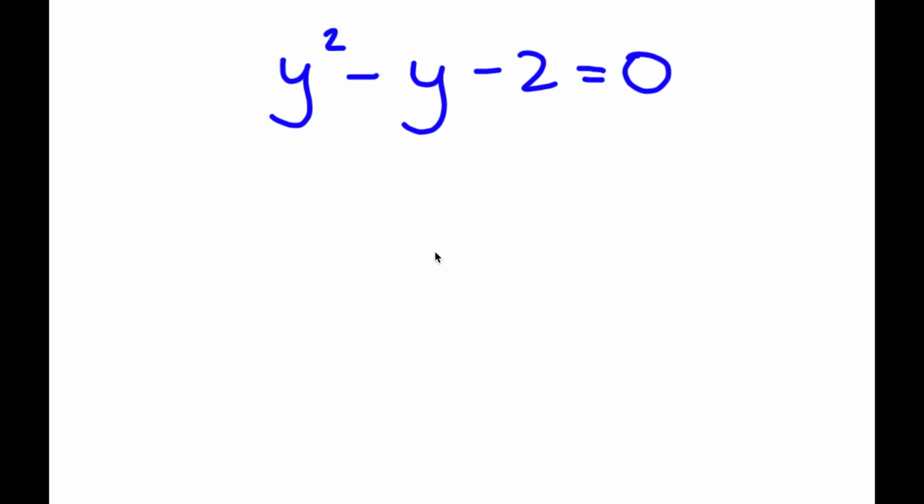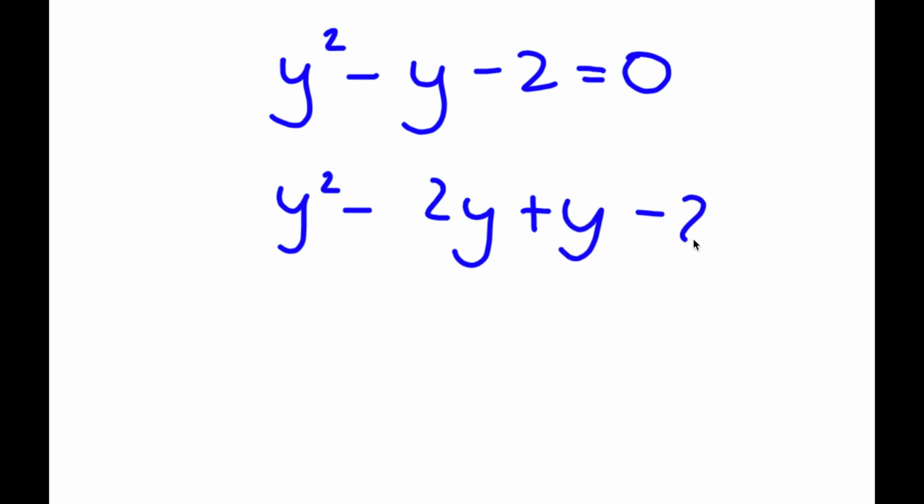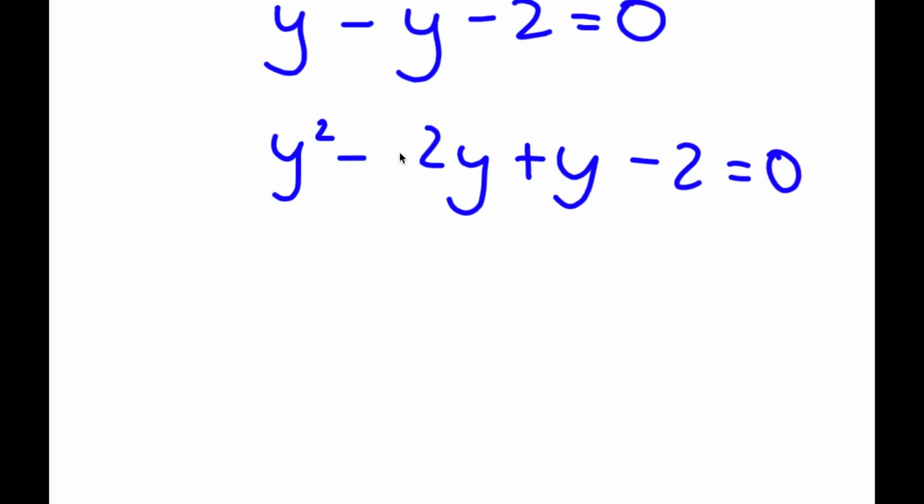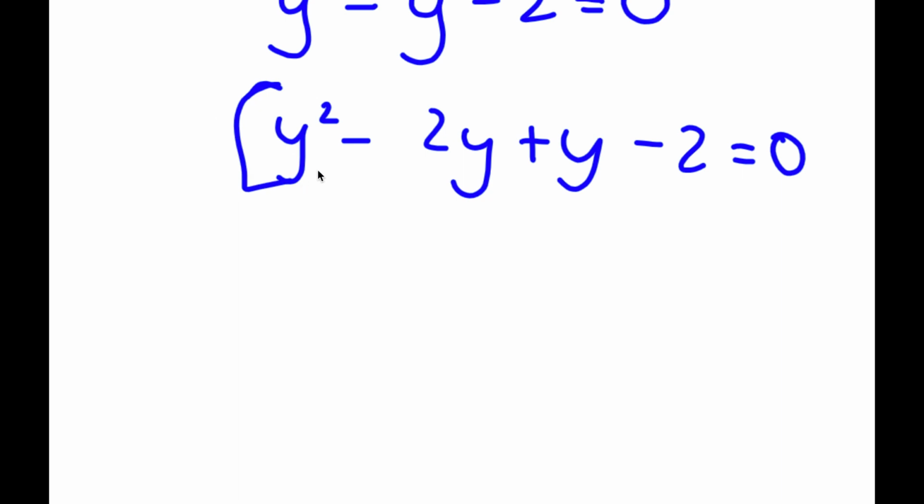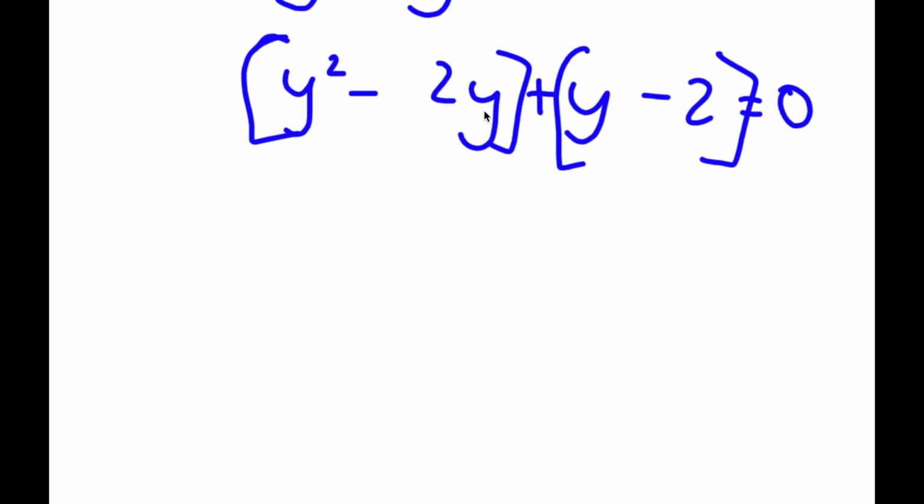So now to solve this, we're simply going to factor this. So I'm going to rewrite this as y squared minus 2y plus y minus 2 is equal to 0. And now I can factor by grouping. I'm going to factor these two together and these two together. So from y squared minus 2y, the greatest common factor is simply y.